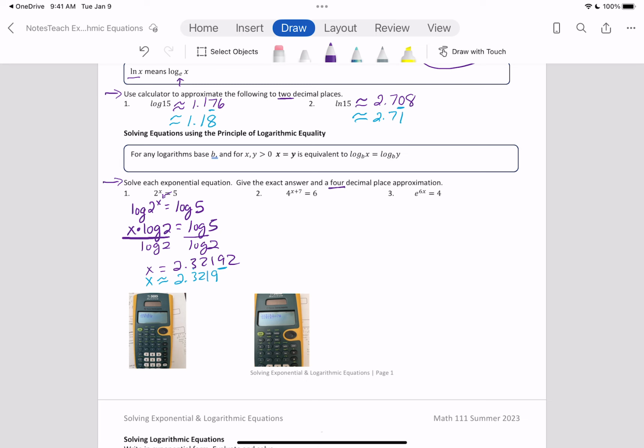For number 2, we have the same problem. I have an exponential and I cannot write the two sides as the same base. So we are going to log both sides. That, of course, allows me to bring that power x plus 7 down to the front.